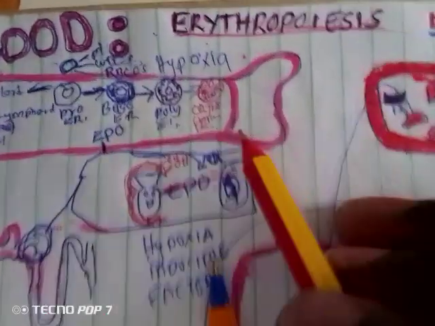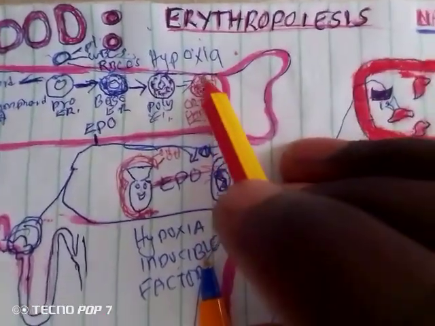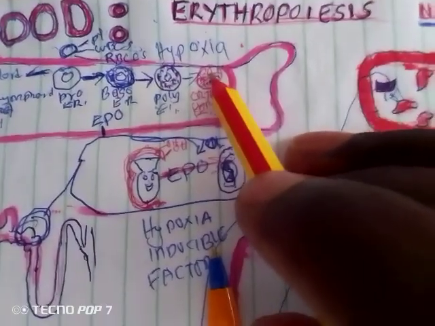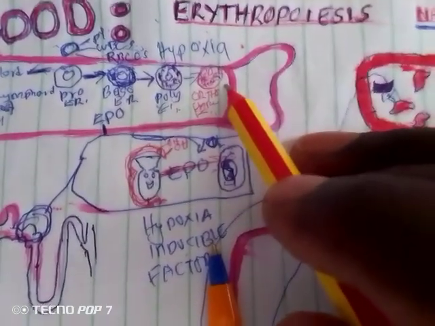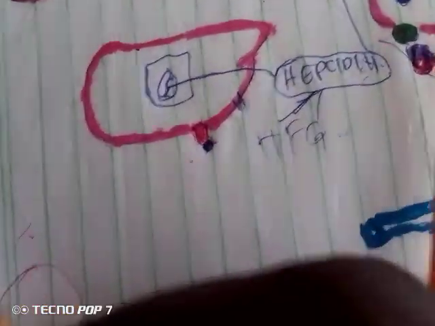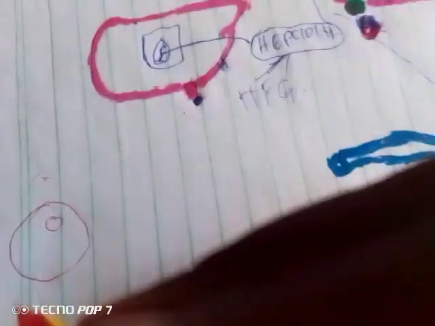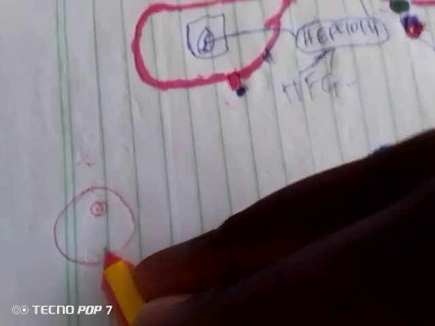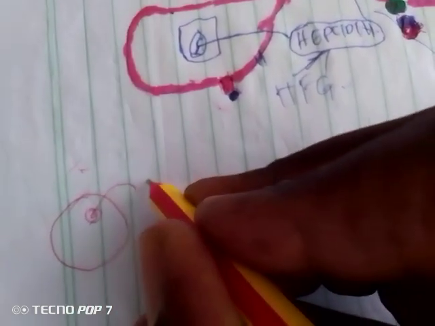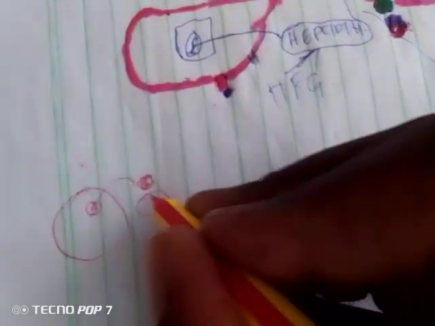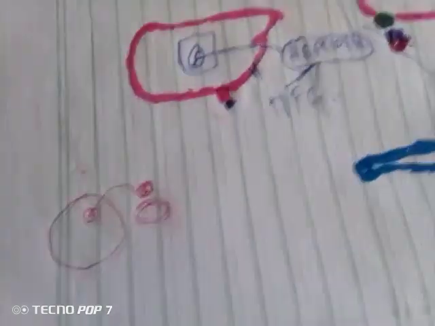Now this one, remember, has a nucleus, but this nucleus will be ejected out. Let me draw it around here for you to see. Now this is the autochromatic erythroblast. Here's the nucleus. This nucleus will be ejected out, and also the organelles, the mitochondria.